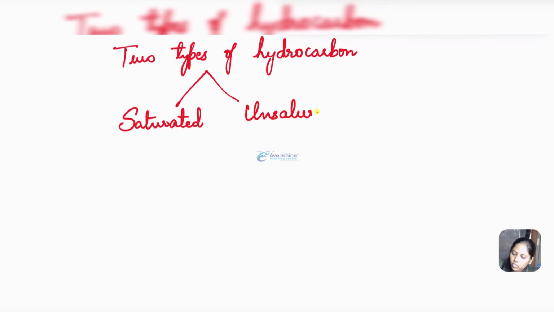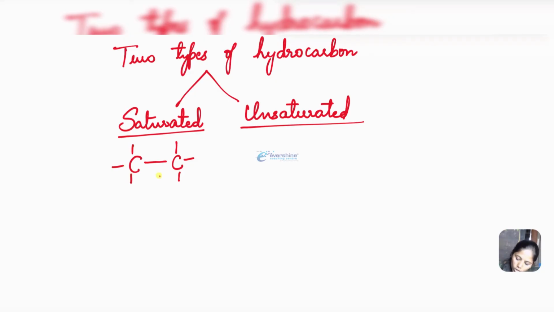What do you mean by saturated hydrocarbon? Hydrocarbons having a single bond between the 2 carbon atoms. If a single covalent bond is there, it is a saturated hydrocarbon. So what is unsaturated hydrocarbon?